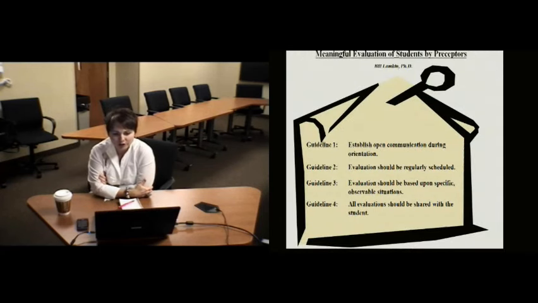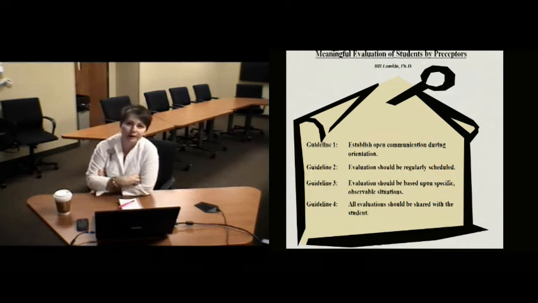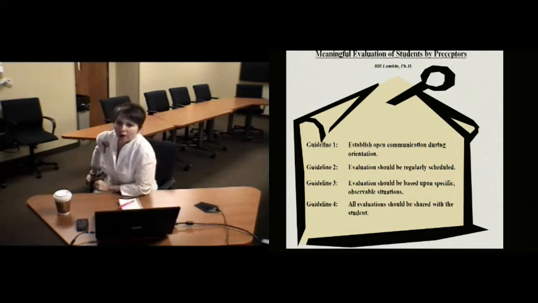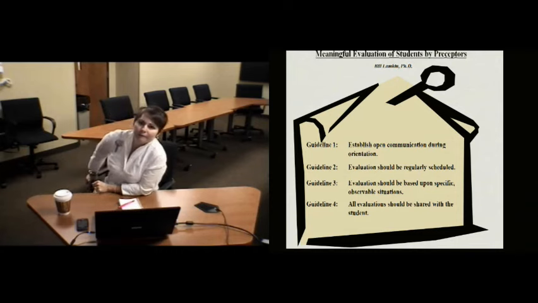So this is from Dr. Lampkin, Meaningful Evaluation of Students by Preceptors, and these are just some guidelines for you to keep in mind as you're doing your evaluations. This goes back to the beginning of our first session, having open communication. There's a bit of a power imbalance that's inherent to the preceptor-student relationship, meaning the preceptor has all the power because you are a part of their assessment pathway to getting their degree.